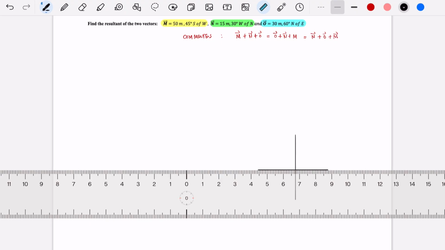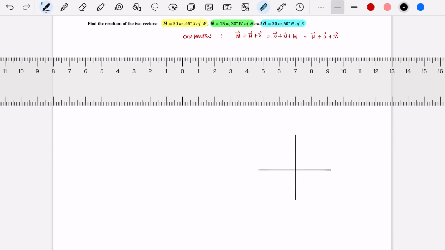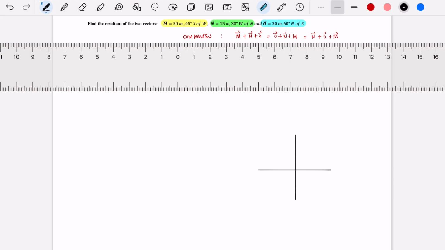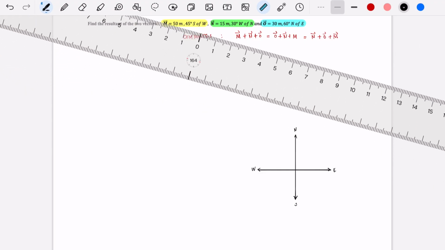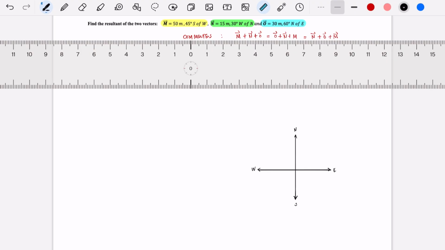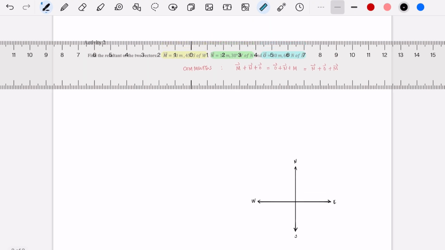All right. So this is my original XY or north, south, east, west direction, and it will play an important role later. So this would be my north, my south, my east, and west. Basically these are arbitrary directions which I have freedom on where I will put my north and east, for example.